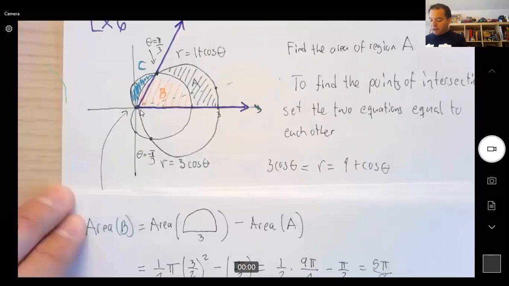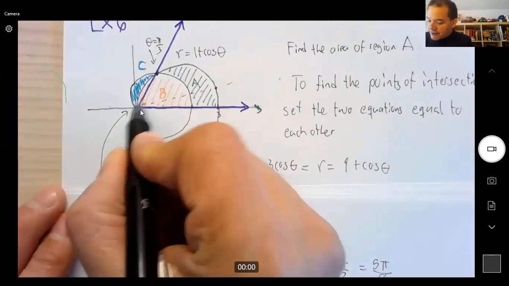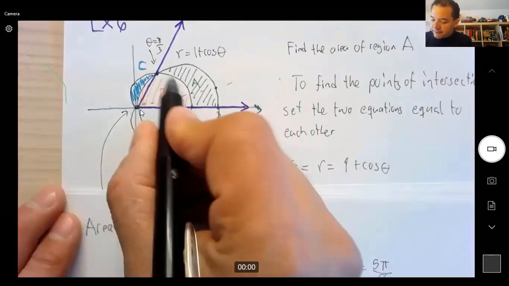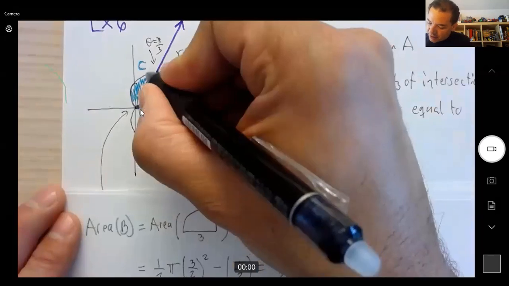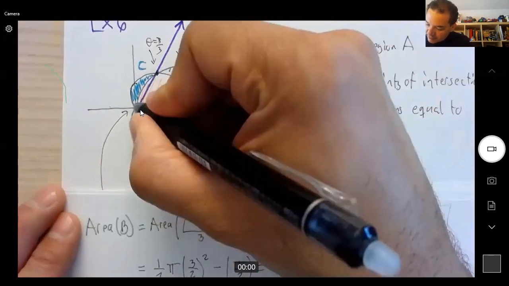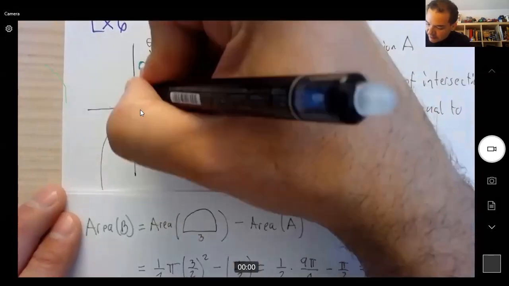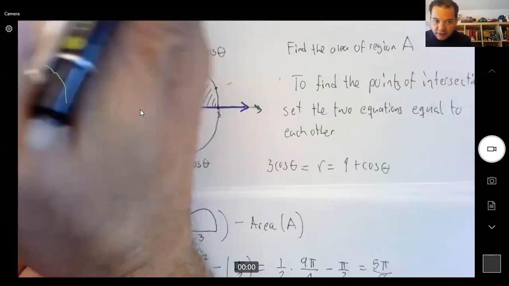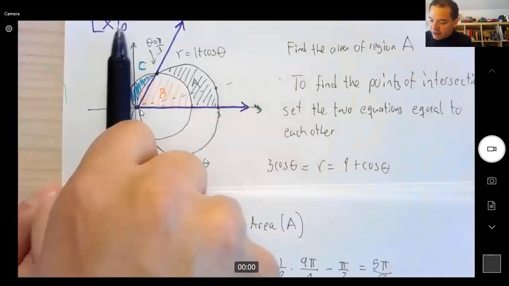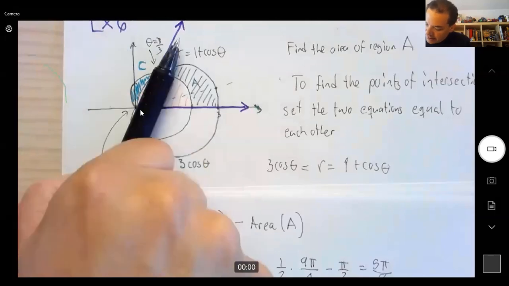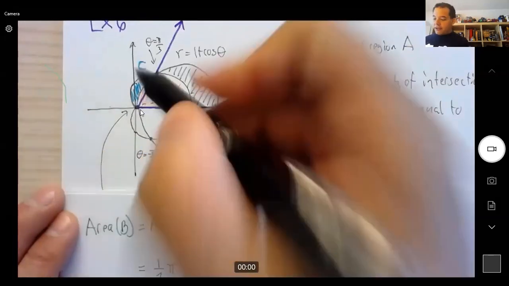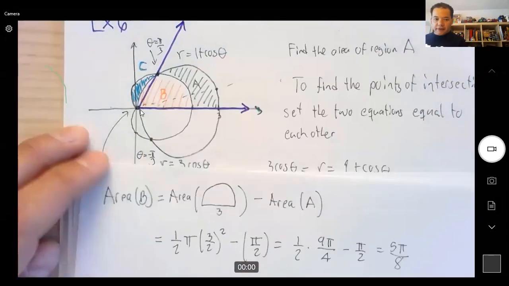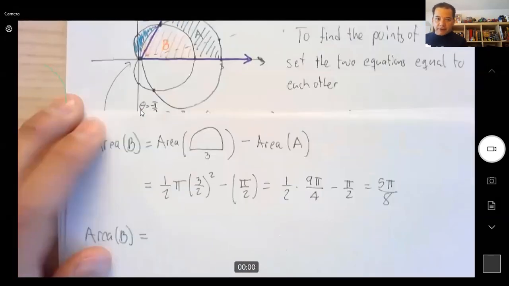We would actually need to do two integrals. One from here to here of this part of the circle, and then one from here to here to 90 degrees. That's to do this little sliver of this orange part over here, correct? So the two integrals that we would need to do, let me write them over here.